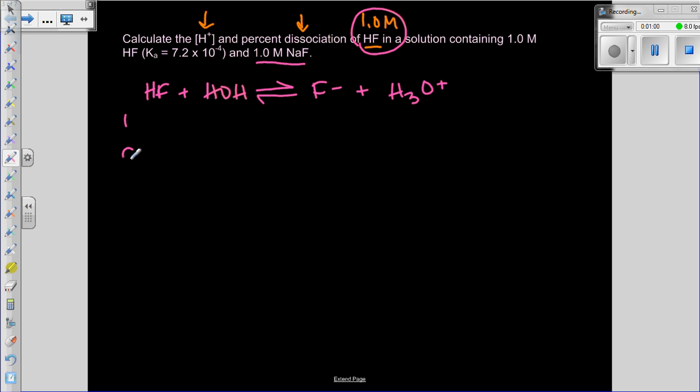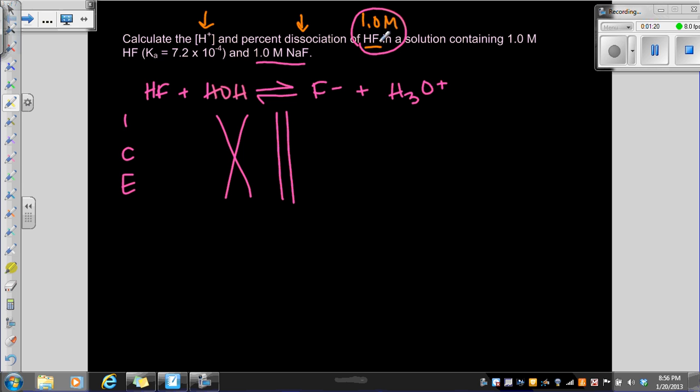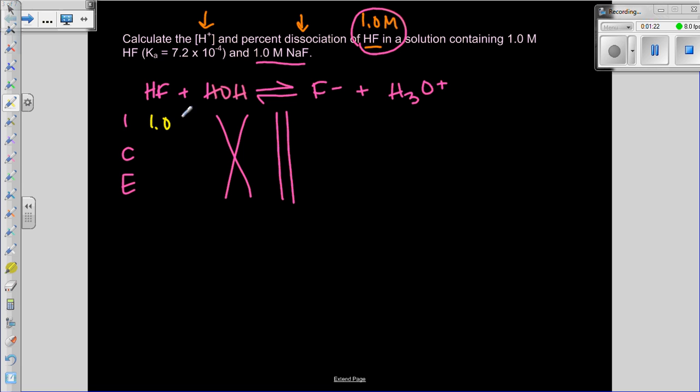I'm going to set up an ice chart, and water is not going to be included because it is a pure liquid. So now I'm going to substitute what I know. I have 1 molar hydrogen fluoride, and the sodium fluoride completely dissociates.